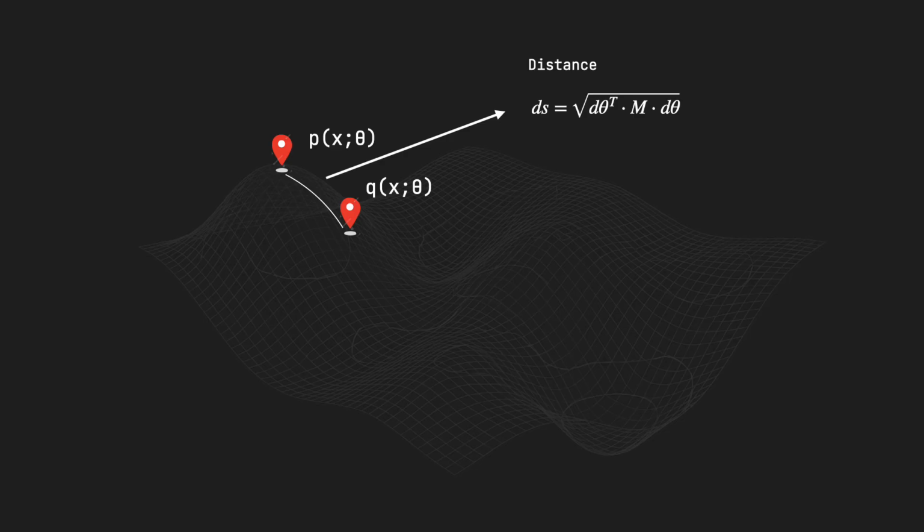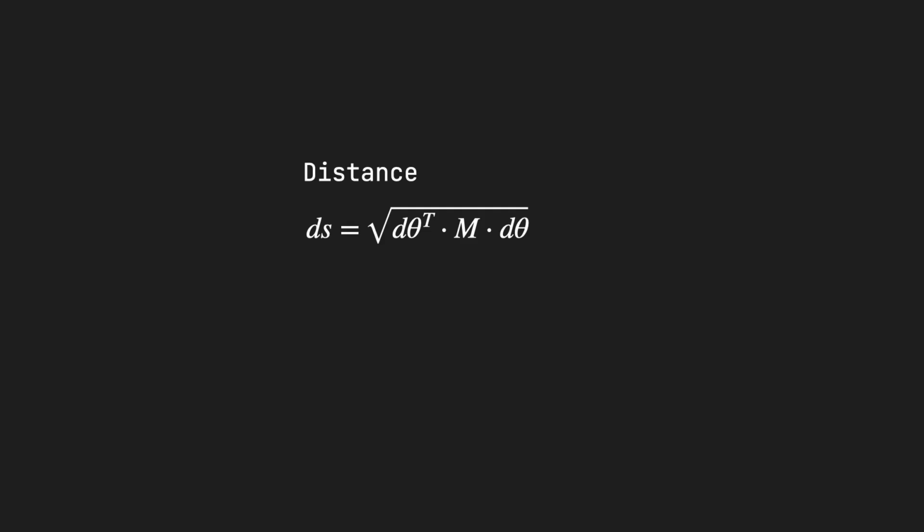This is a formula that's used to calculate distance. It's the Pythagorean theorem, very simple. You have your displacement vector, you have its transpose, and you do a multiplication with M, where M is the metric tensor, and then d theta, your displacement vector, which we saw before.